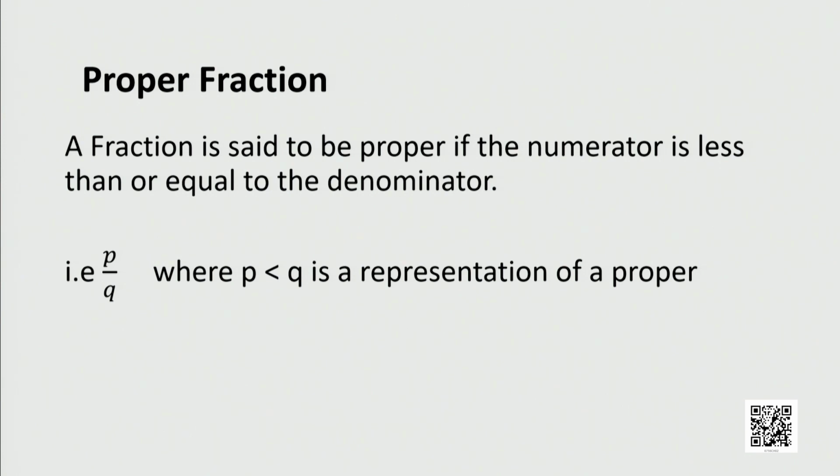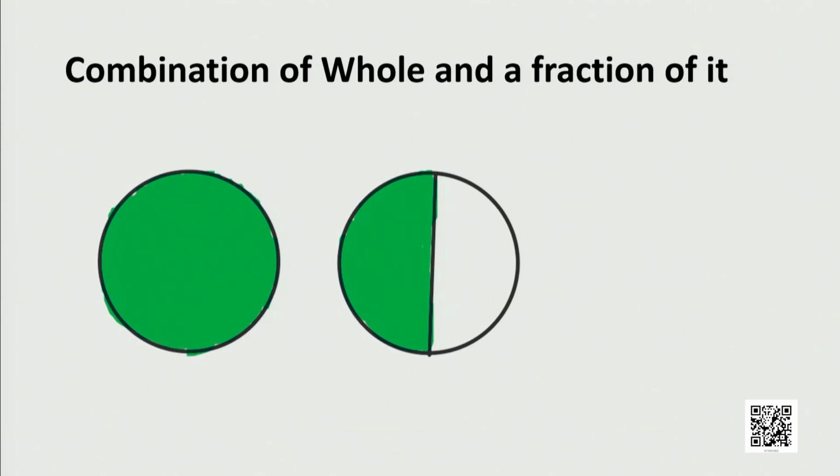It is known as a proper fraction. So you can see on the screen that a proper fraction is represented as p over q and p is less than q. So probably you may know the symbol which I am using for less than. So p over q, when p is less than q, is known as a proper fraction.